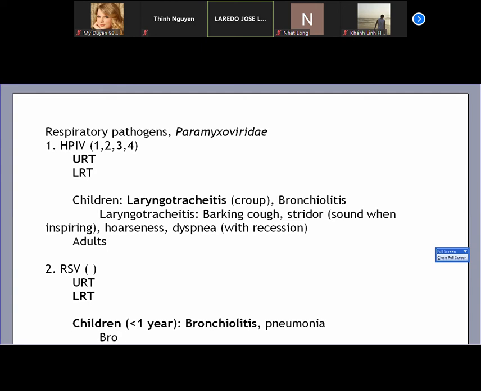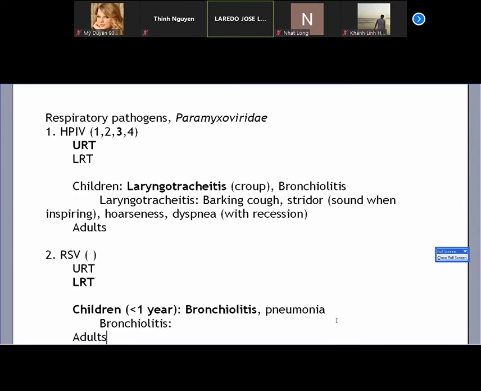So what is bronchiolitis? Bronchiolitis is a respiratory tract infection typical of very young children with cough and sound when breathing. This appears in expiration.